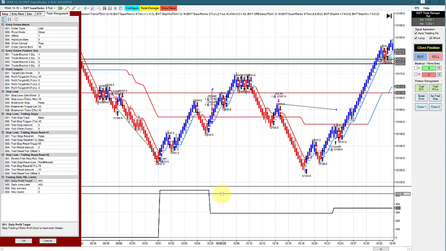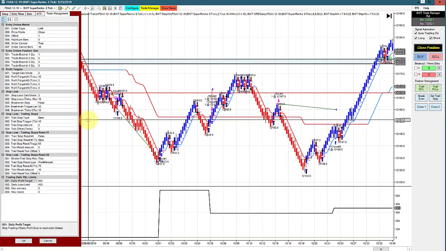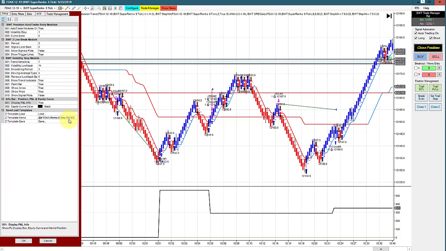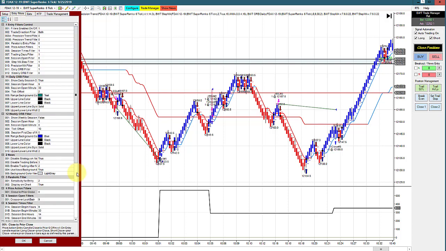The second thing I wanted to talk about was moving averages, the step MA that Jim uses in his chart. In this template of the DAX Super Renko 6 tick with the step MA, my settings are quite different.